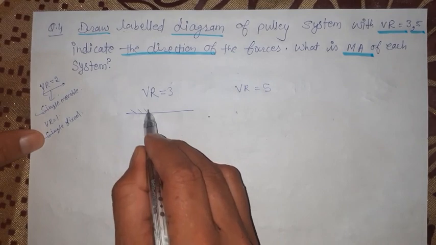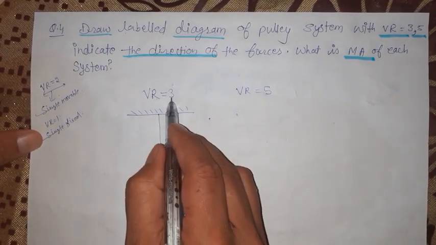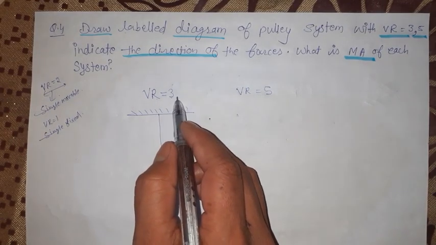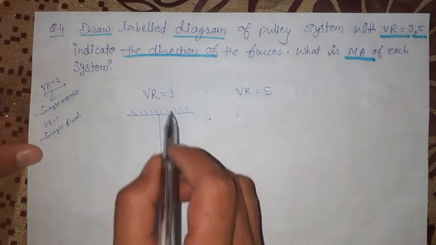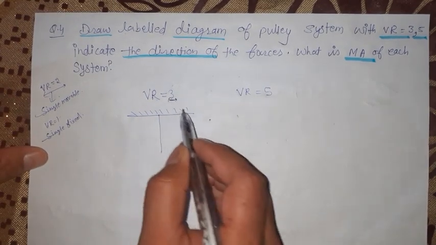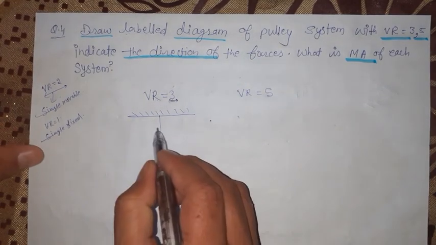So here there is this rigid support, this frame. They are saying 3. So velocity ratio generally is the number of pulleys; you can take that in short. How many pulleys do we have to use? 3. That means the upper block will have more pulleys as compared to the lower block.